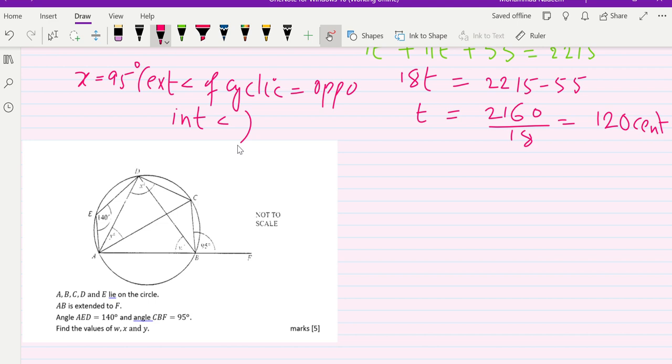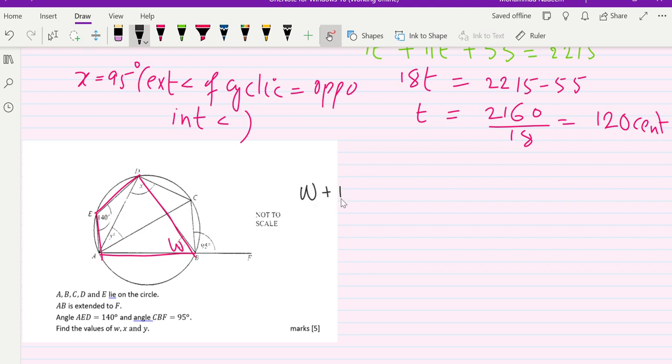Okay, now we will work out the next value, which is W, mentioned over here. This is unknown W. Consider the cyclic quadrilateral ABDE, this one. This is also cyclic. Two opposite angles of a cyclic quadrilateral add up to 180. This is another property.